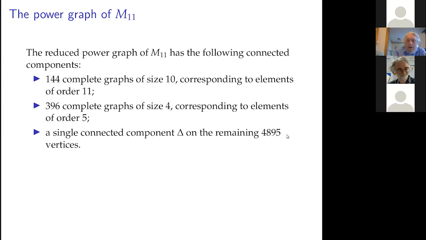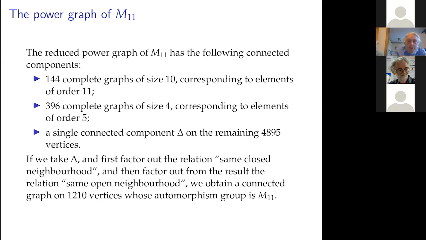It has a huge automorphism group with thousands of digits, but most of this is rubbish. So if you take this graph, you first of all look at the relation between vertices of having the same closed neighborhood, so vertices that have the same neighbors, including themselves. Factor that relation out, and then on the graph that you've got left, factor out the relation of having the same open neighborhood.